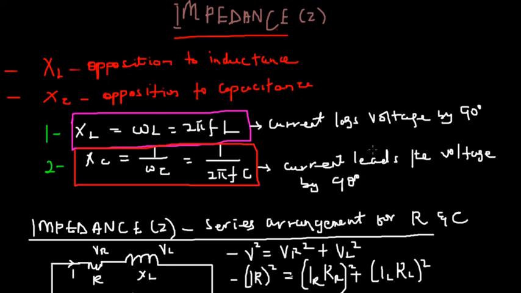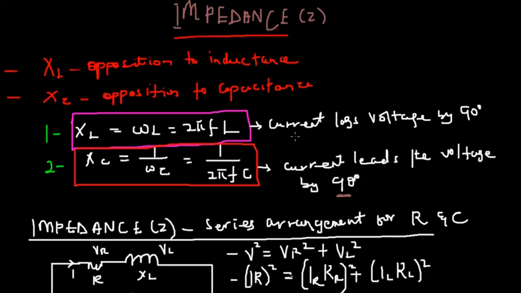Now there is one thing you need to know. There is something we call lag and lead. Whenever we talk about lagging, it means something which is behind, and whenever you talk about leading, it means something which is ahead. For capacitance, the current always leads the voltage by 90 degrees.